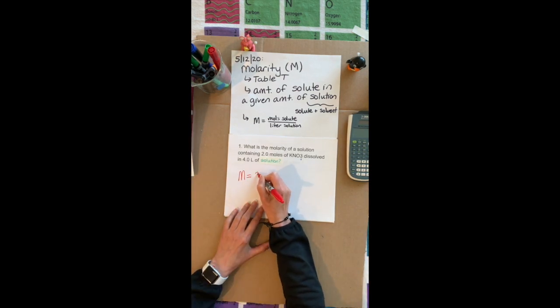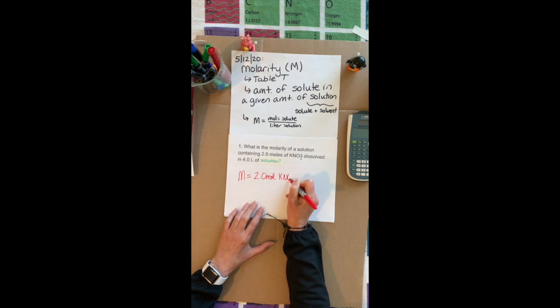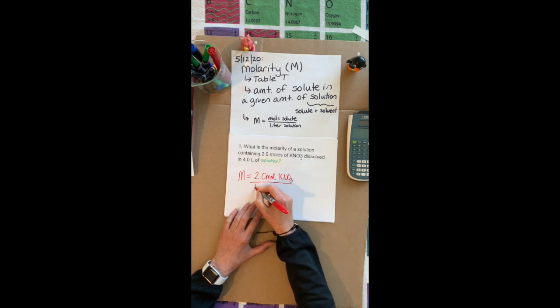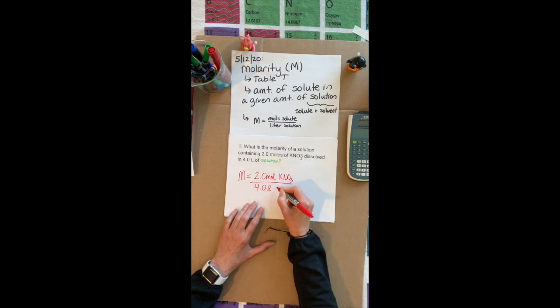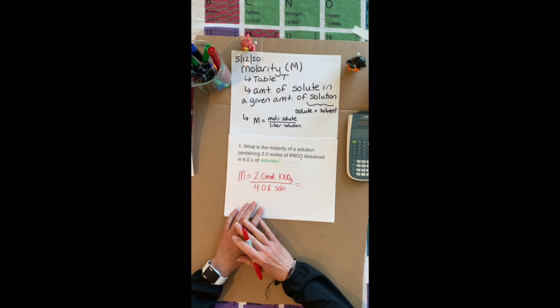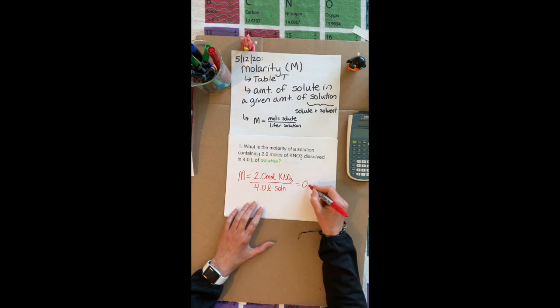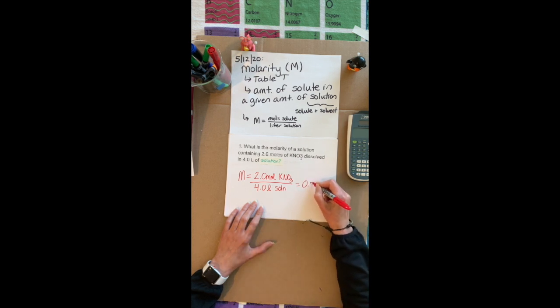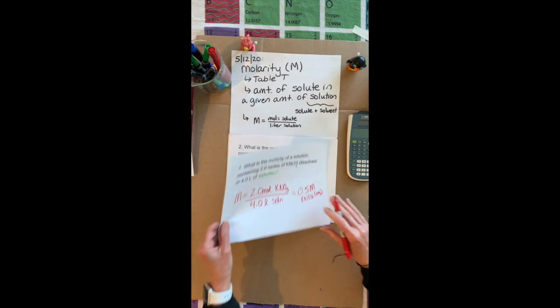Molarity equals 2.0 moles of potassium nitrate, but this has 4 liters of potassium nitrate solution. We divide and we end up with 0.5 molar KNO3. So it's an aqueous solution. Let's look at another example.